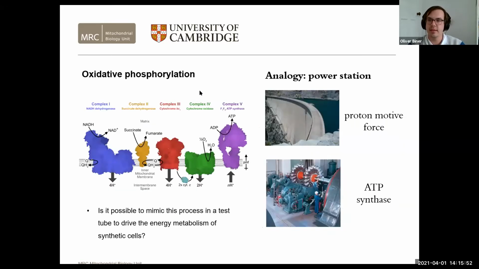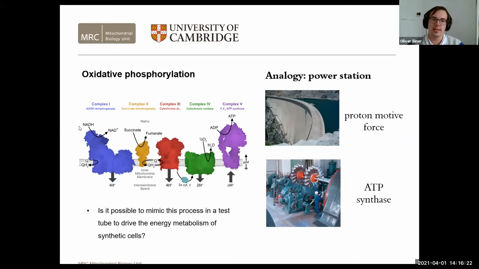For that, let's have a closer look into oxidative phosphorylation. So during oxidative phosphorylation, electrons end up in the electron transfer chain, which is a series of proteins that are able to transfer electrons. The initial protein is called complex 1, and this is the main research focus of our group.